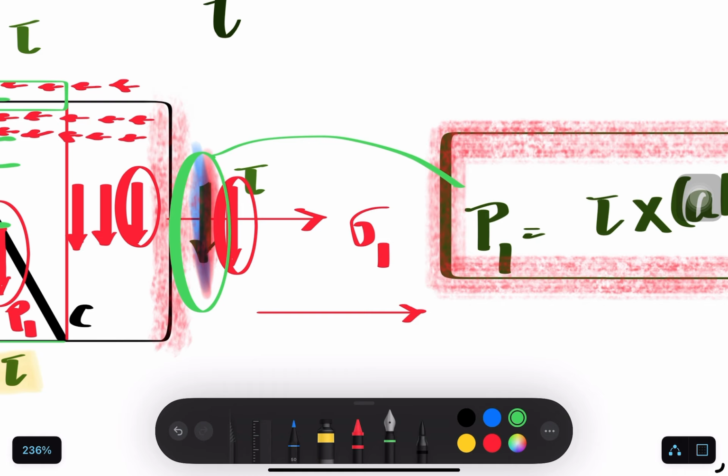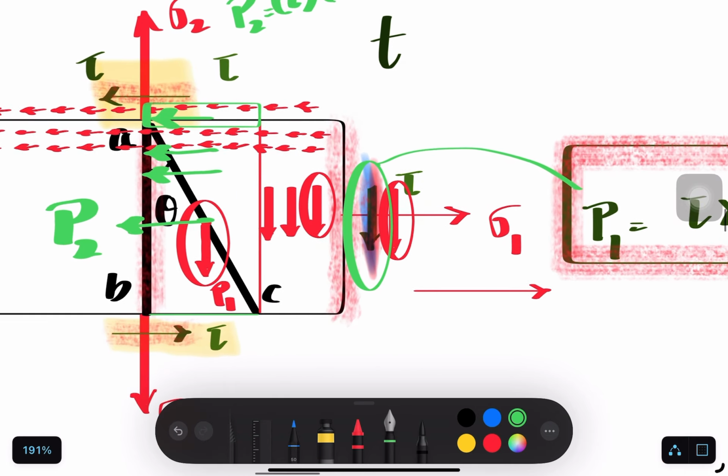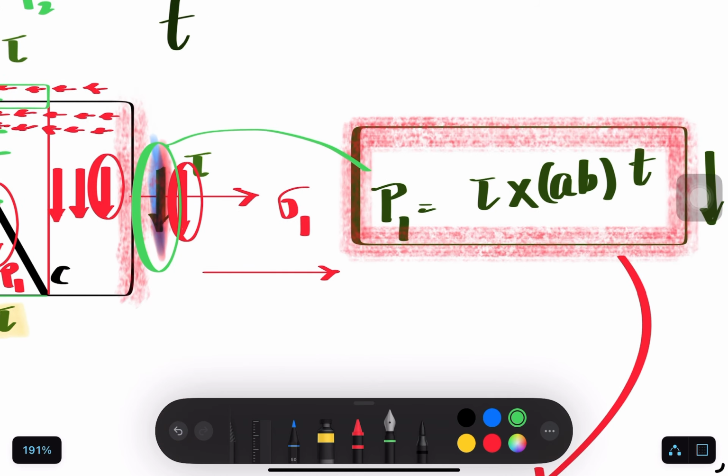The stress is distributed over the cross-sectional area, which is the height AB and the thickness. That's what is written here: AB into thickness. The load is acting in the downward direction. We can assume this to be a uniformly distributed shear load. So we got the expression for the load.